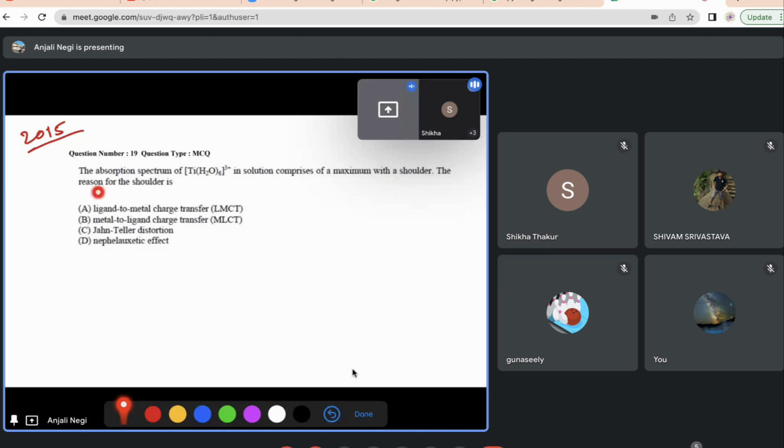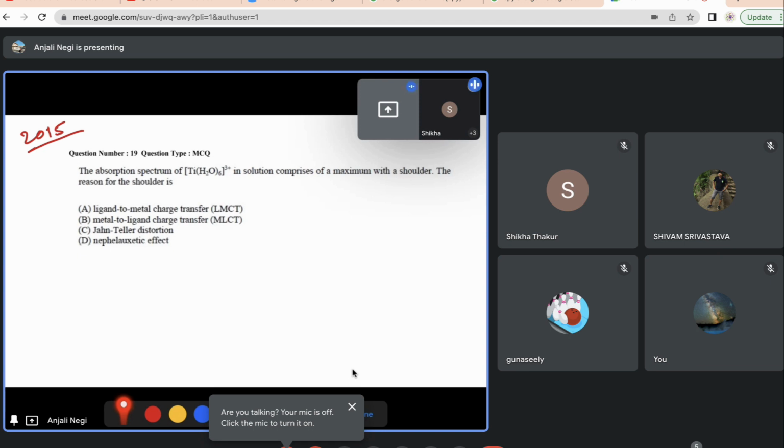So we are given options where there is a charge transfer from ligand to metal, metal to ligand, and a third option which is Jahn-Teller distortion, and the fourth is the nephelauxetic effect.